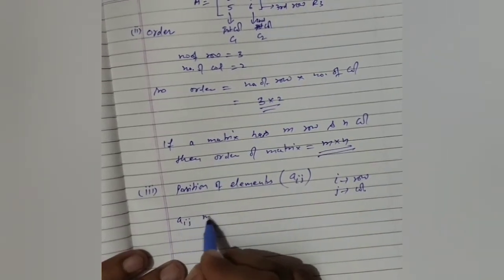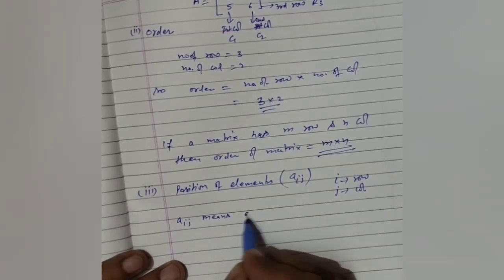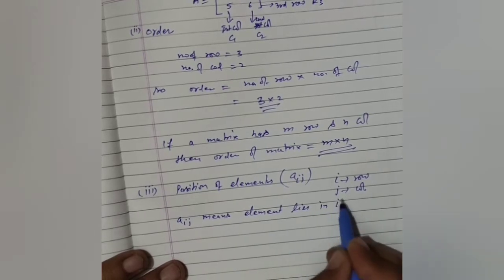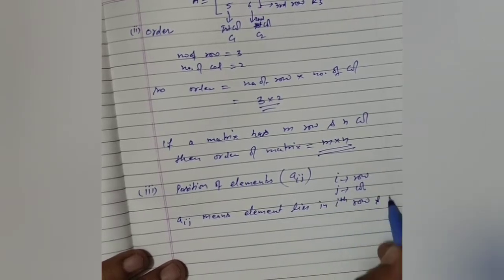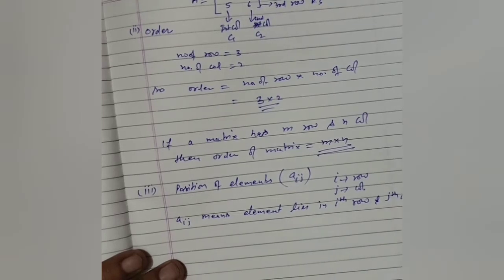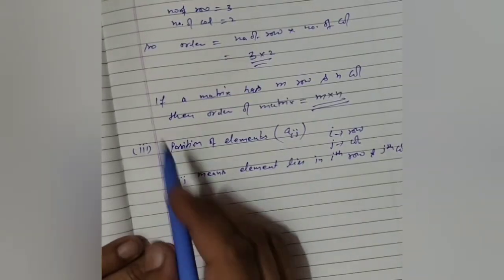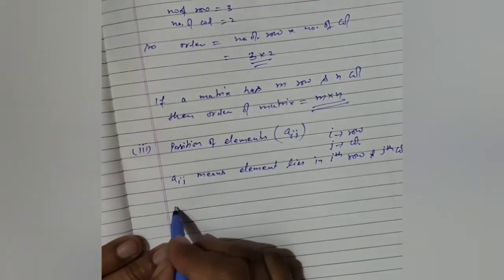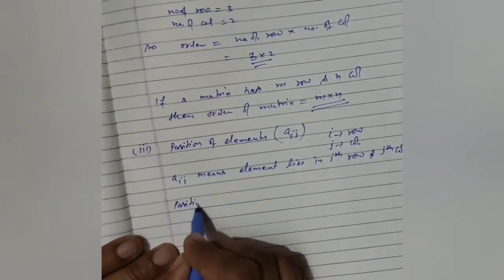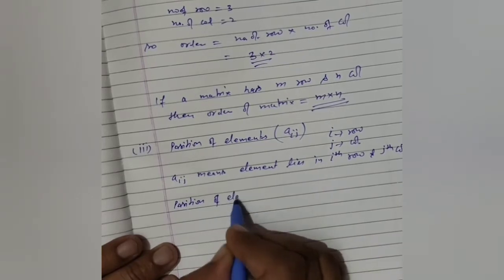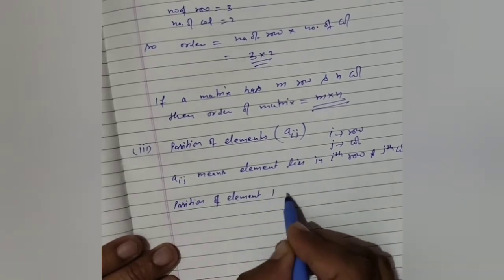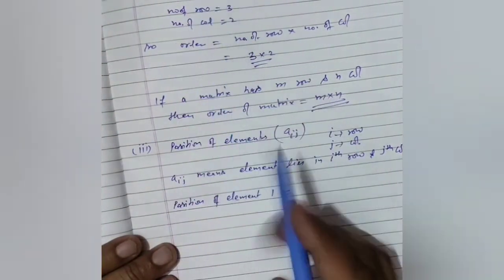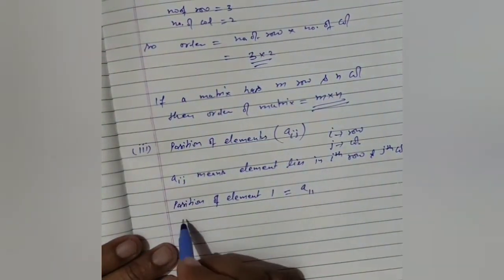Aij means the element lies in the ith row and jth column. In this example, the position of element 1 lies in the first row and first column, so its position is A11.